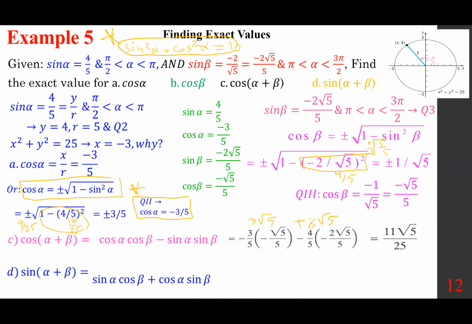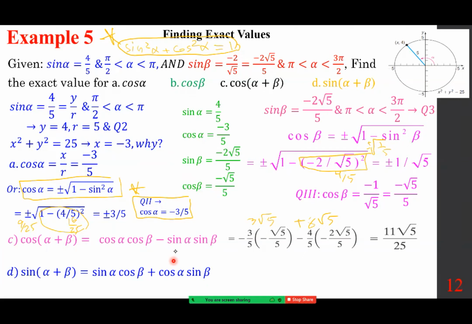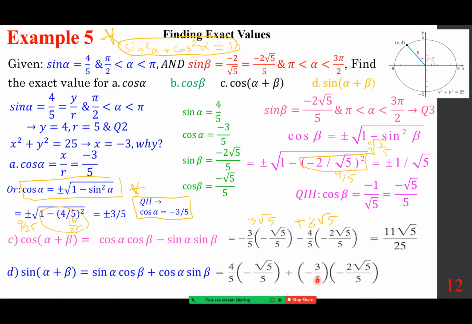Sine of alpha plus beta is sine alpha cosine beta plus cosine alpha sine beta. We have the summary here. We're going to plug in. That's the beauty of the summary. It helps us plug in nice and easy. And again, the denominator, 5 times 5, is 25.